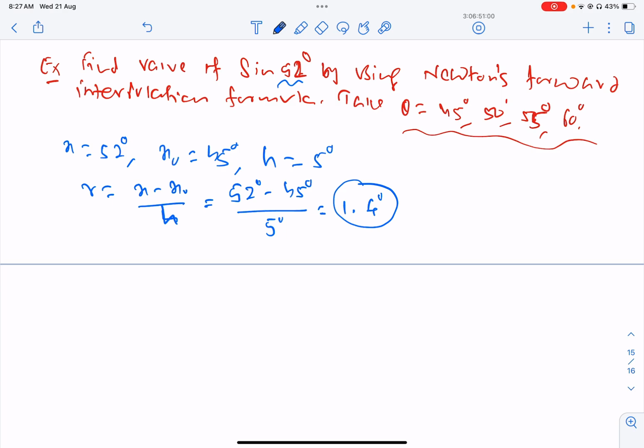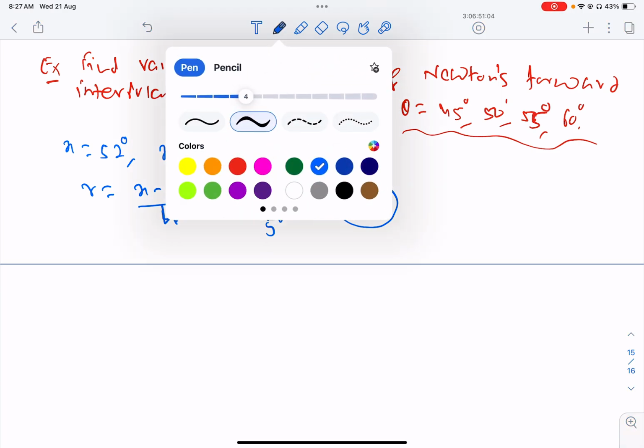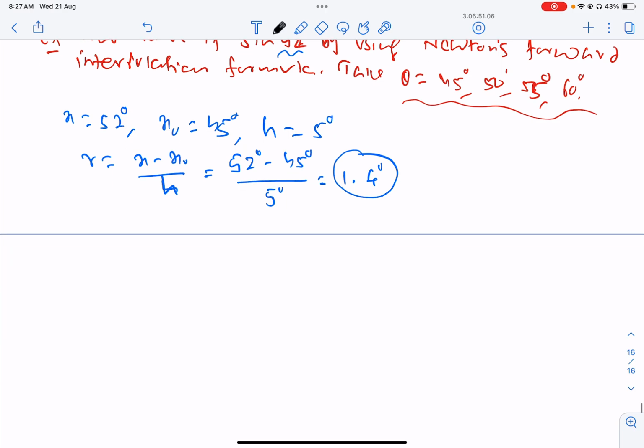Now we need to find the value of sine function also, so we need to use the calculator, but here you need to take care, your calculator should be in degree mode. So here x value is our theta and y value is sine theta.